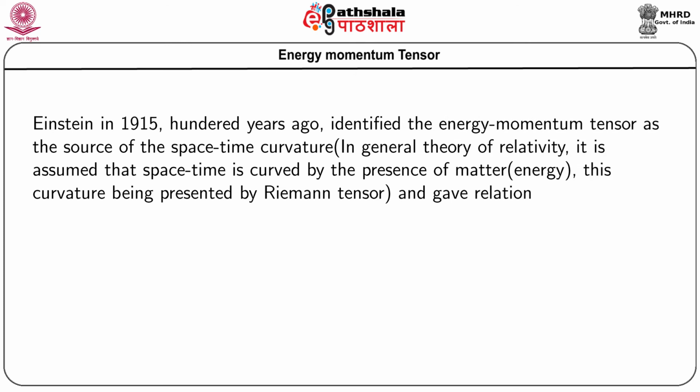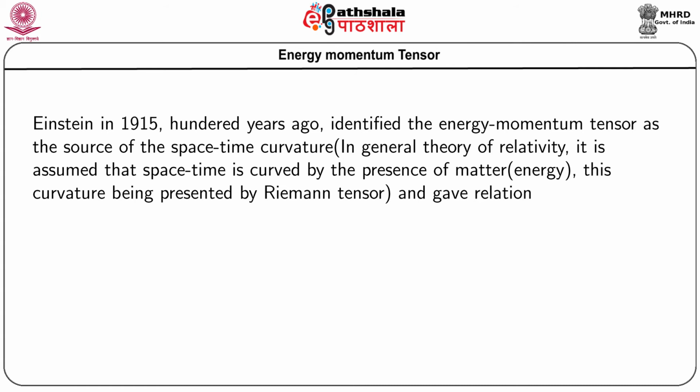Now, Einstein in 1915, that is 100 years ago, identified this energy momentum tensor as a source of the space time curvature. Space time curvature means that in the general theory of relativity, it is assumed that space time is curved by the presence of matter, or we can think of it as energy, and this curvature is represented by the Riemann tensor.